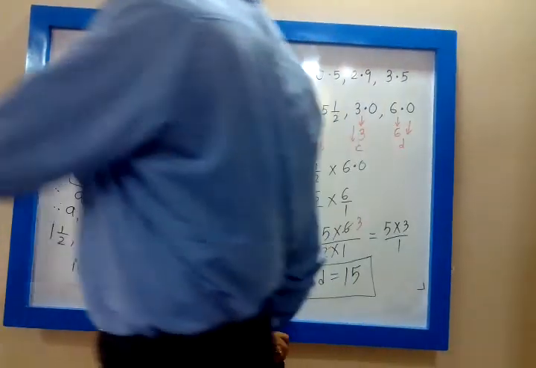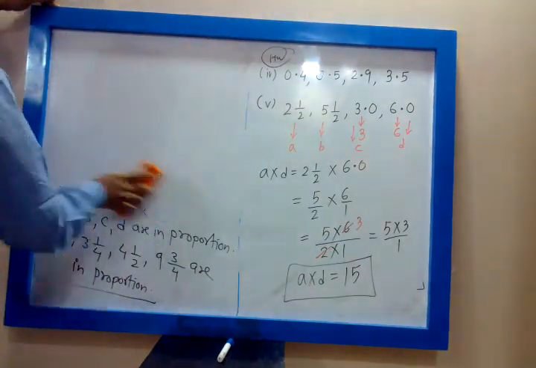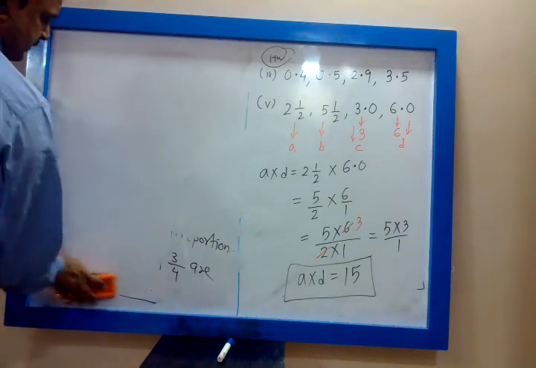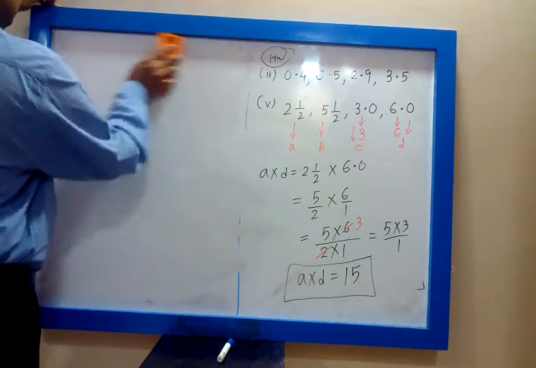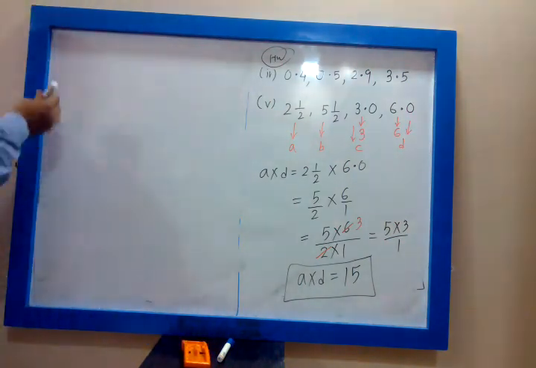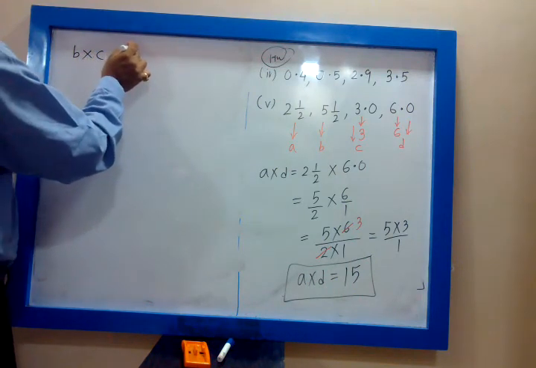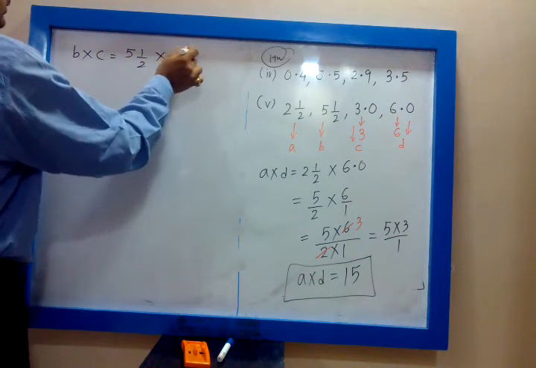Now find B into C. Let us find B into C. B is 5 is to 1 by 2. Multiply with C. C is 3.0.